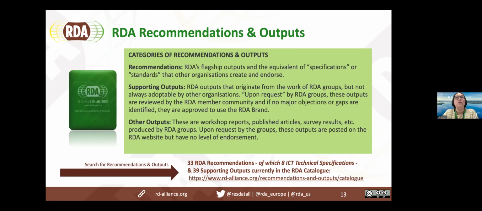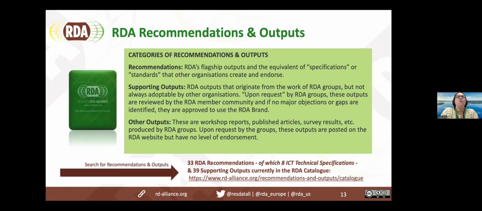produce different types of outputs. There are different categories to these. So there are recommendations. That's the highest level, RDA flagship outputs, and they are most rigorously vetted by the different bodies in the RDA governance.